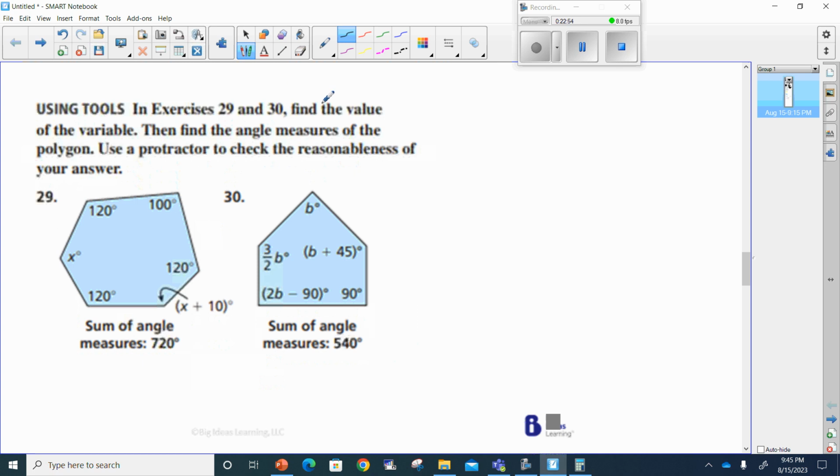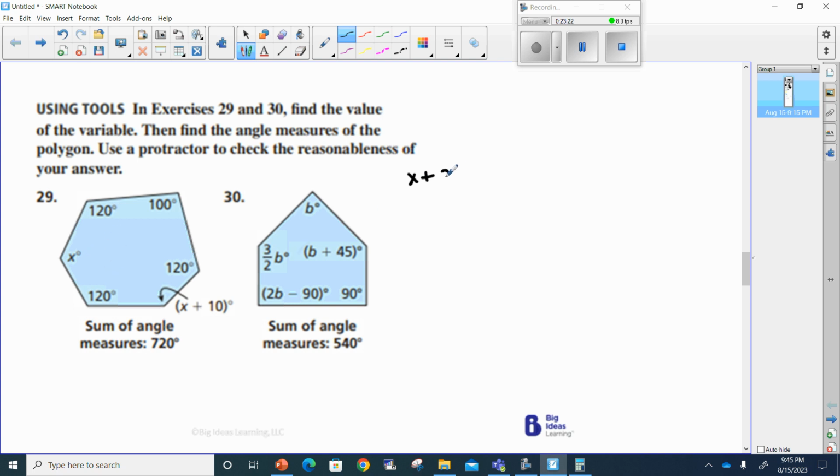In exercise 29 and 30, find the value of the variable. We want to know what x is. Okay, well, we know that all these angles over here add up to, this is the sum of angle measures, 720. That makes this even easier, because that tells me that we have x plus 120, and there's 1, 2, 3 of those, right?